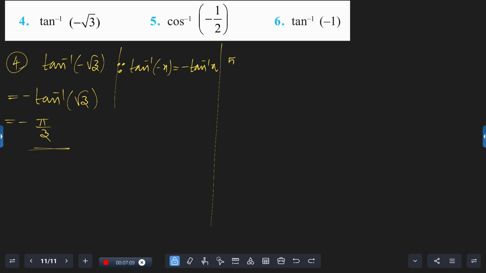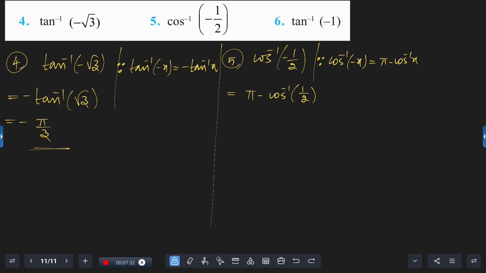Like that, the fifth one. What is it? Cos inverse of minus 1 divided by 2. Here the formula is cos inverse of minus x equals pi minus cos inverse of x. Have you remembered this? I am going to use this one here. So pi minus cos inverse of 1 by 2. Here the minus will not come; this minus became positive.